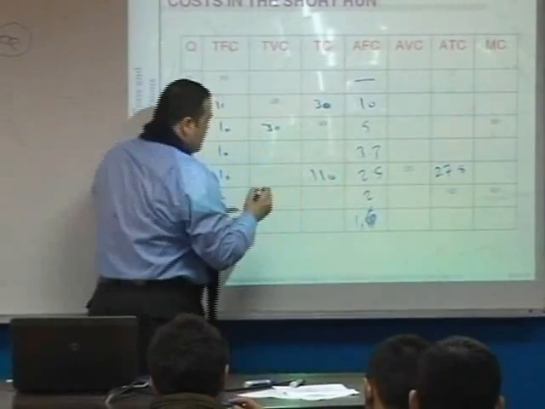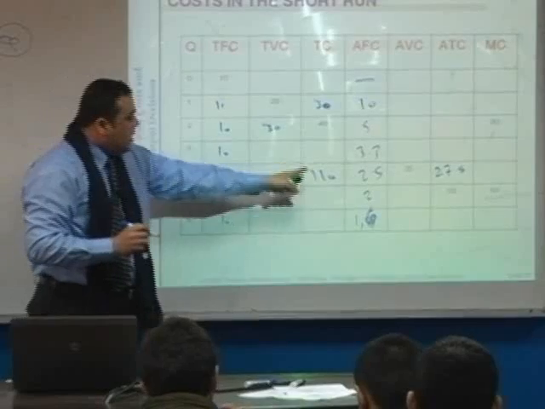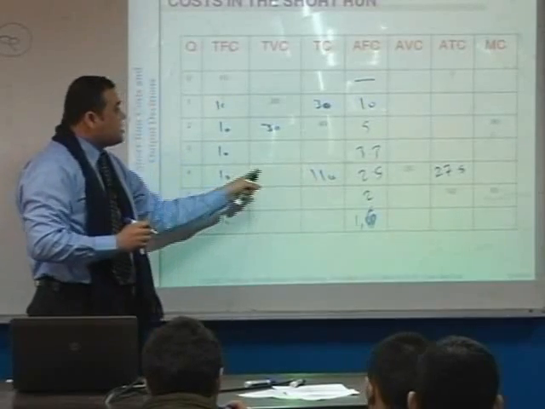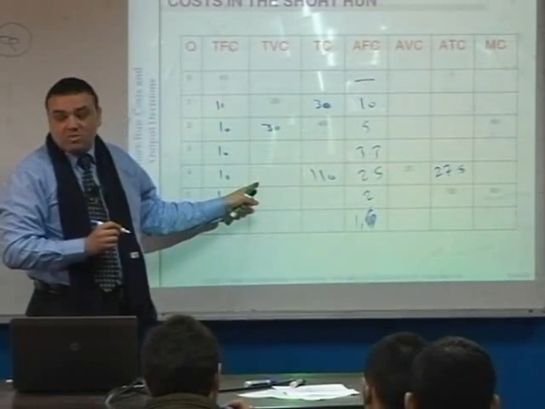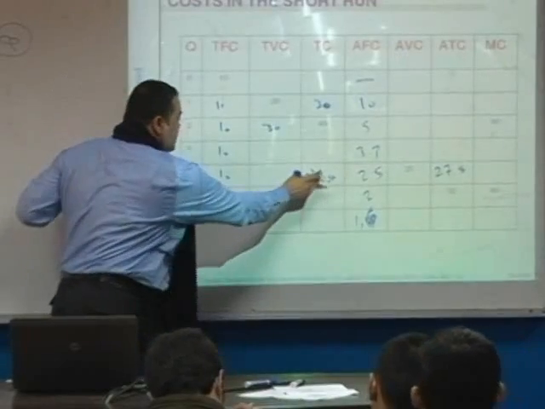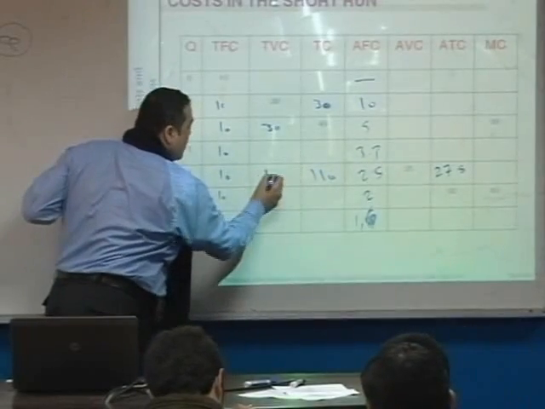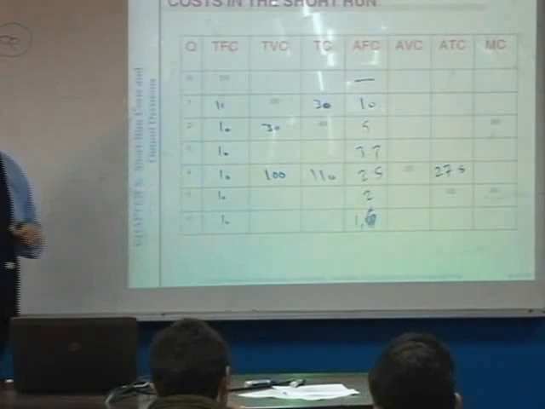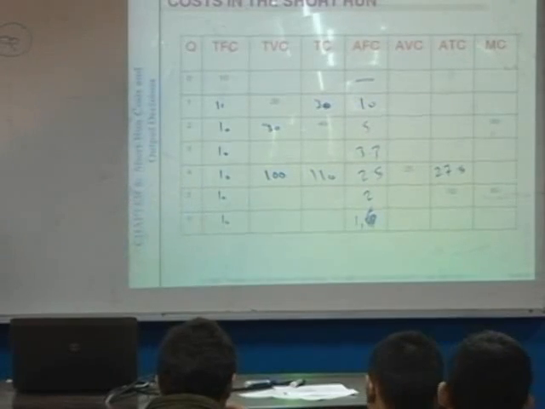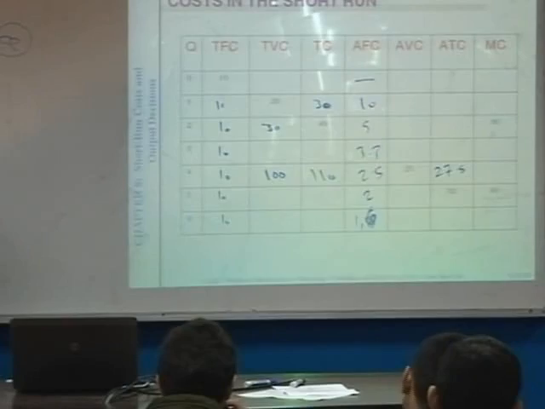110. Okay. So here we have TC and TFC, so it's easy to calculate TVC. TC minus TFC, 100. Right?